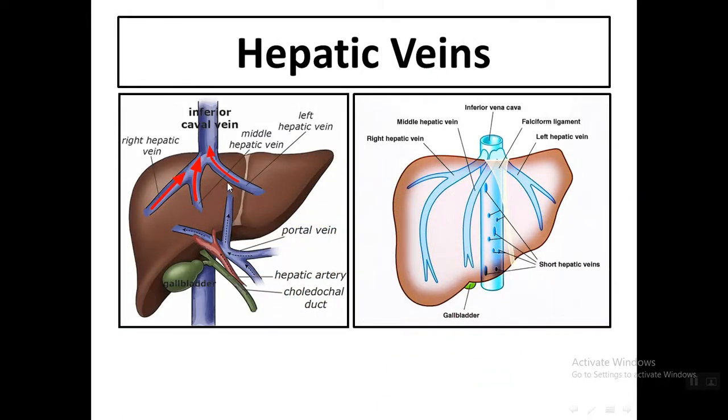After the blood is processed and metabolized in the liver, it will be drained back through the hepatic veins. Usually we have 3 or more: the right, left, and middle hepatic veins, that will drain directly into the inferior vena cava.